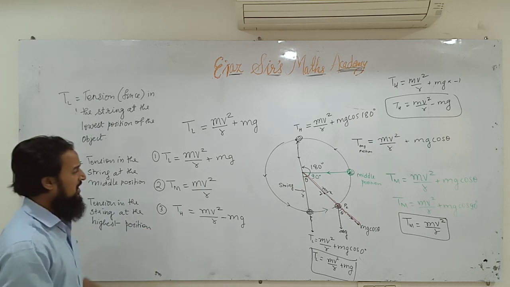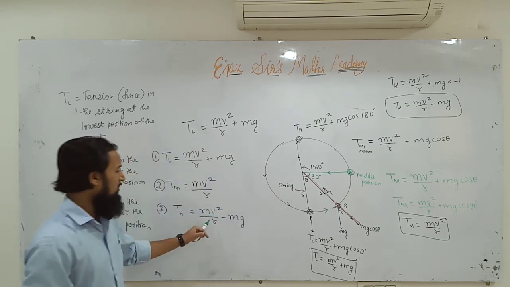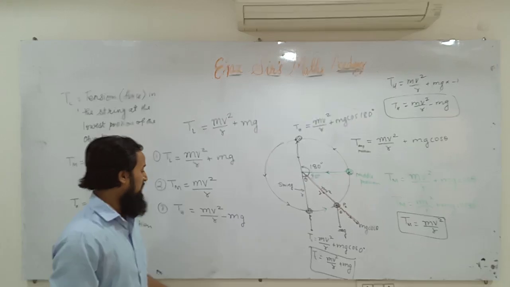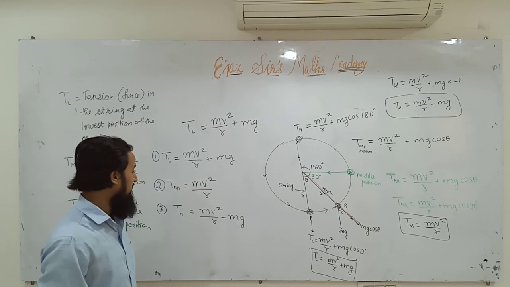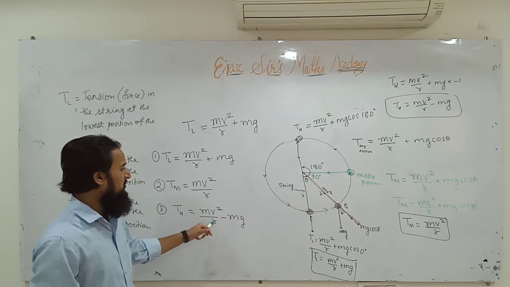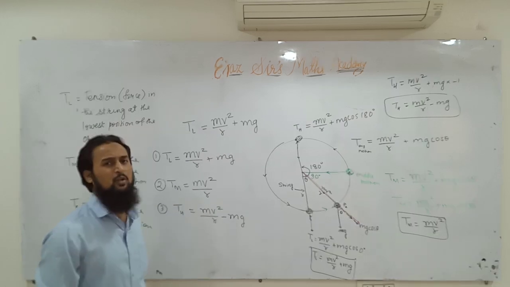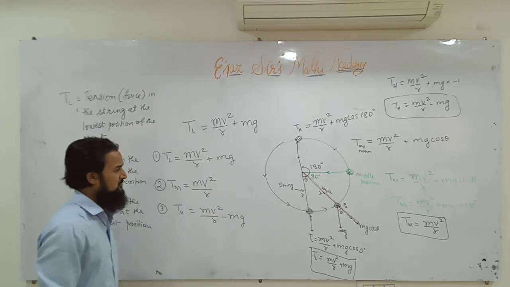What is m? Mass of the object. What is r? Radius of the string. What is g? Acceleration due to gravity. And what is v? v is the linear velocity of the stone. Note down.